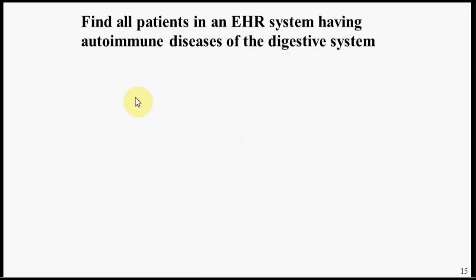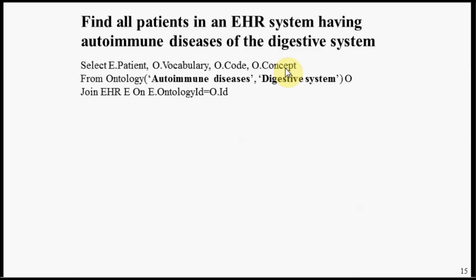Let's look at another query type example. In this query, we want to find all patients in an electronic healthcare record system having autoimmune diseases of the digestive system. The query is the following: select various columns from this thing called ontology, doing a join on an electronic healthcare record table.